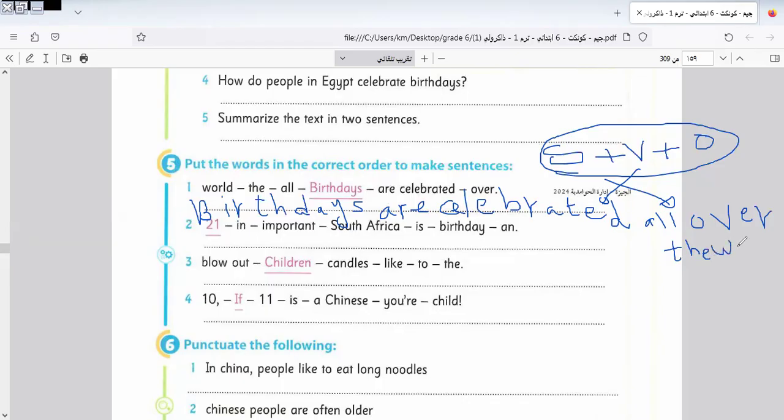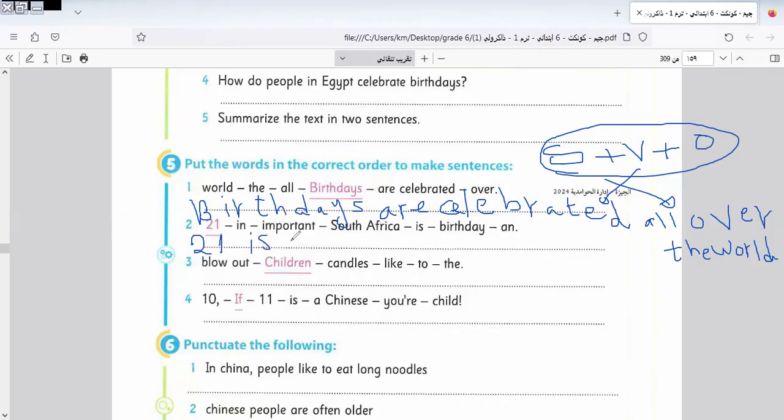Let's go to another one here. 21 is important birthday in South Africa, so it will be 21. I will start with 21. 21 is an important birthday.